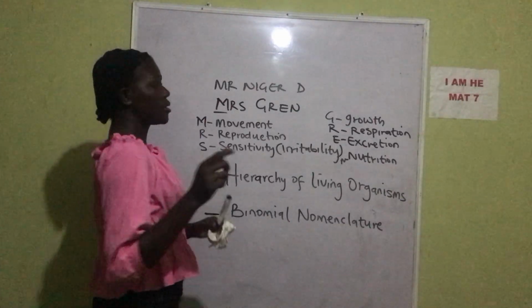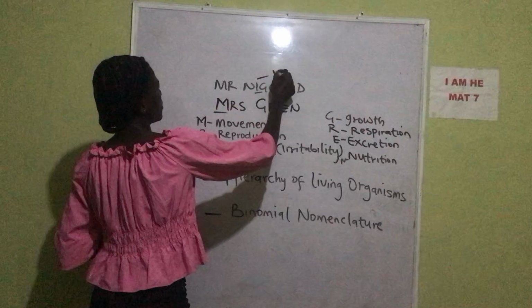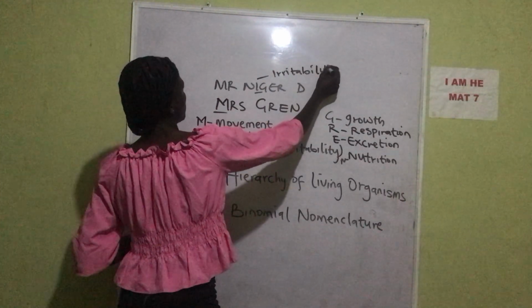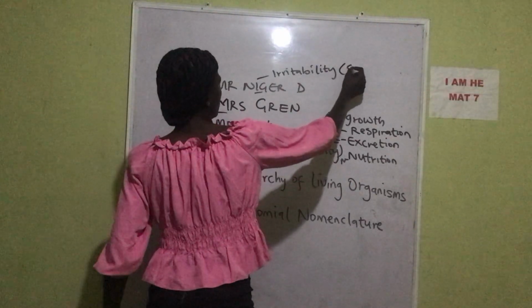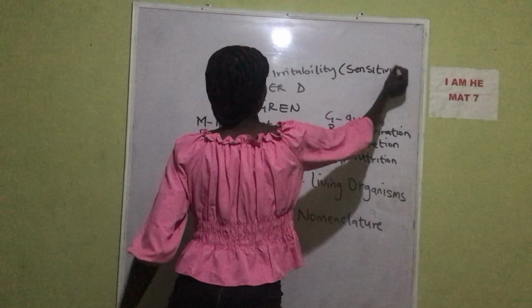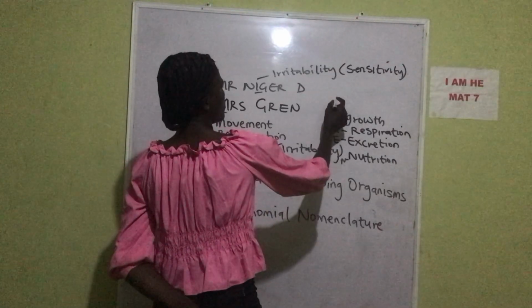Now for Mr. Niger D, this R here is referred to as irritability, like I said, otherwise called sensitivity. Okay, and D stands for death.